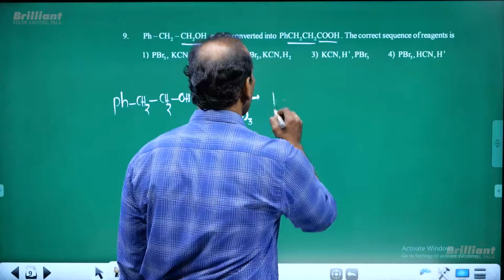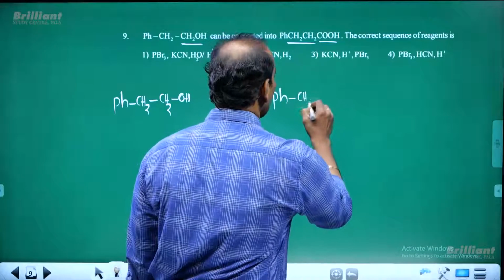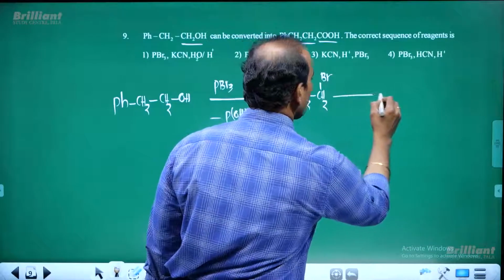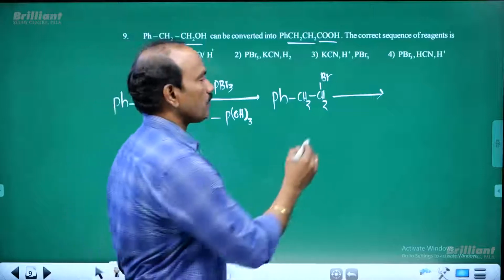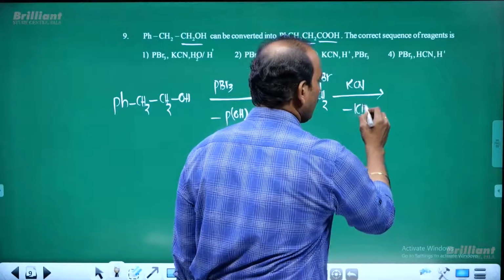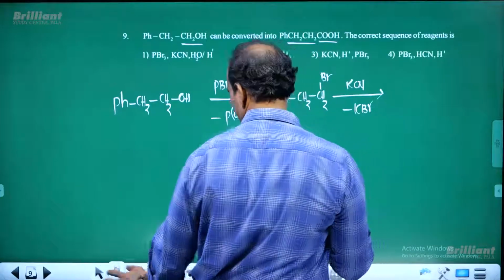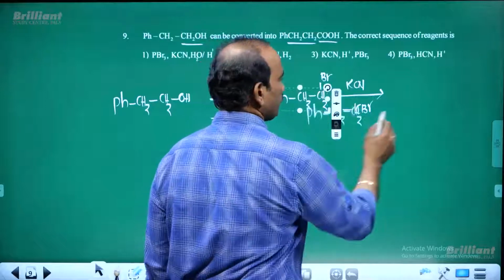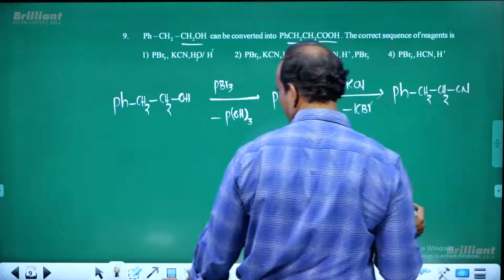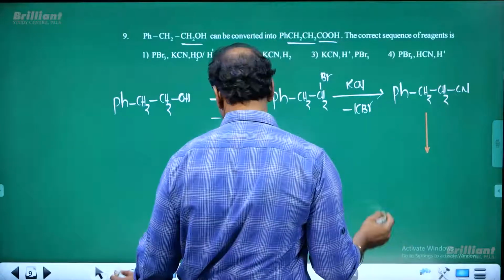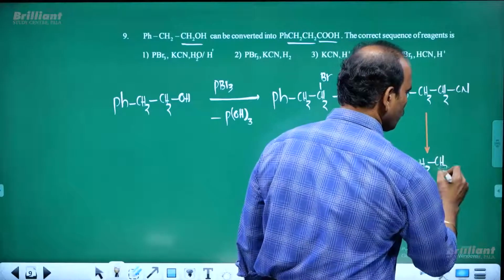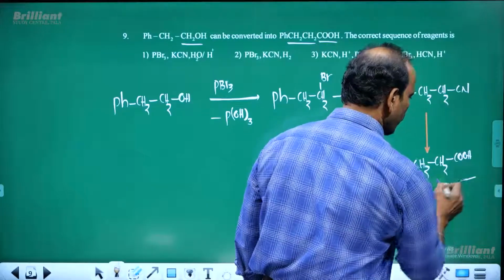The next one is PhCH2CH2Br, treated with KCN, minus KBr, remaining is the cyanide, which is subjected to hydrolysis, giving PhCH2CH2COOH. Okay?